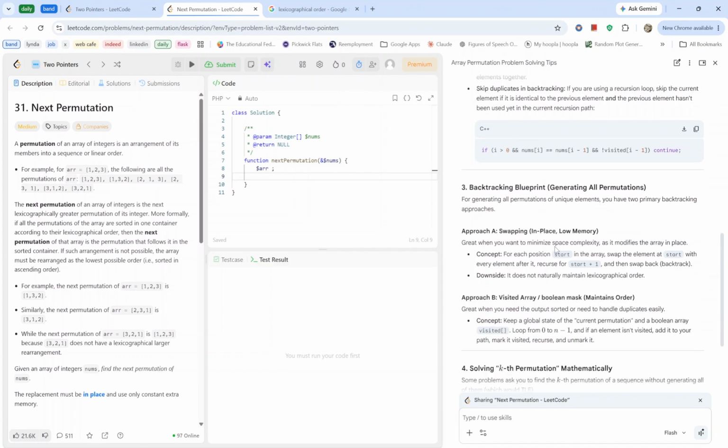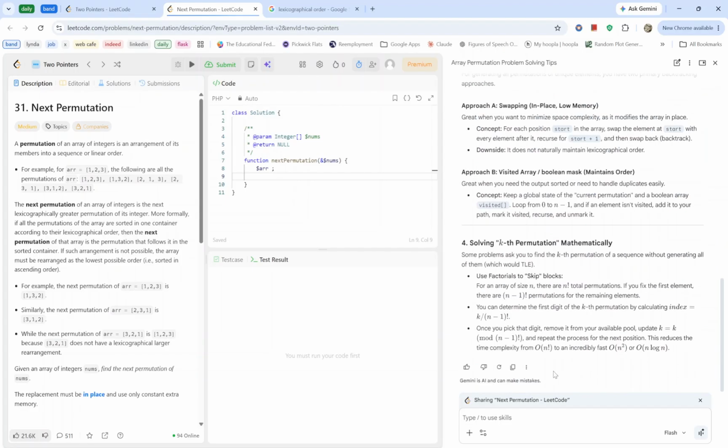For generating all permutations of unique elements, you have two primary backtracking approaches. Approach A, swapping in place, low memory. Great when you want to minimize space complexity as it modifies the array in place. For each position start in the array, swap the element at start with every element after it.